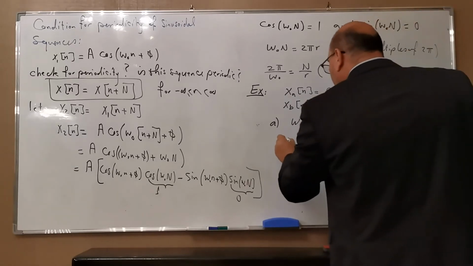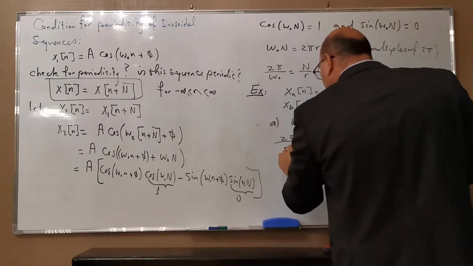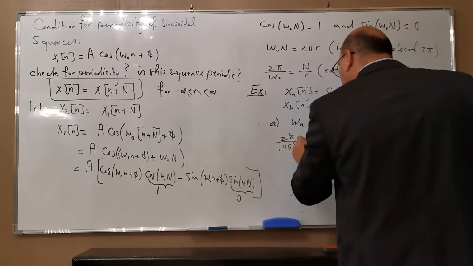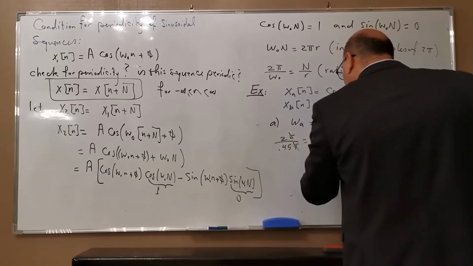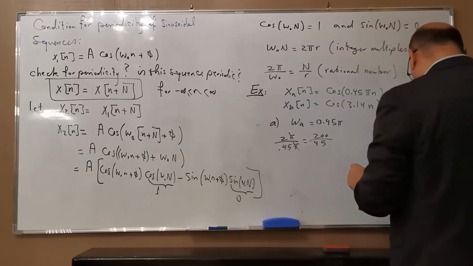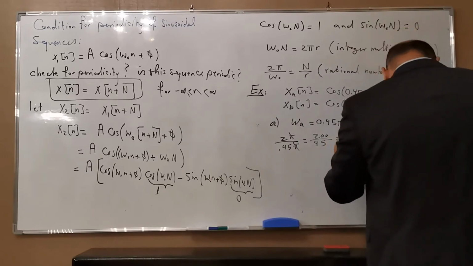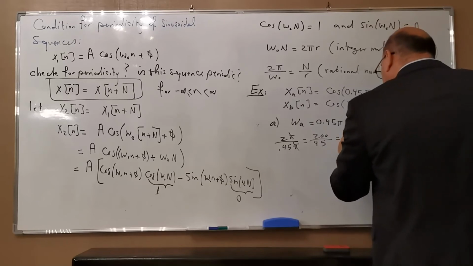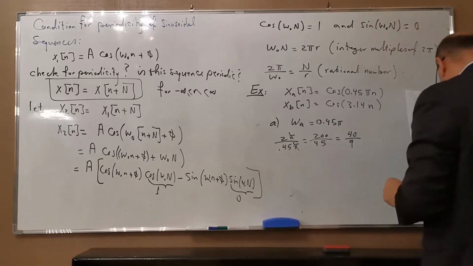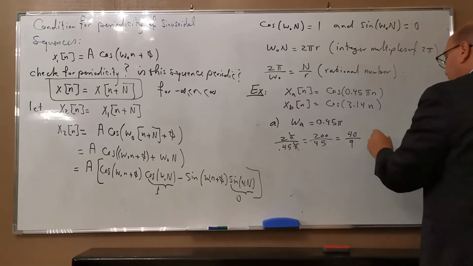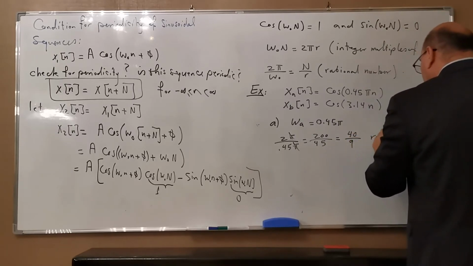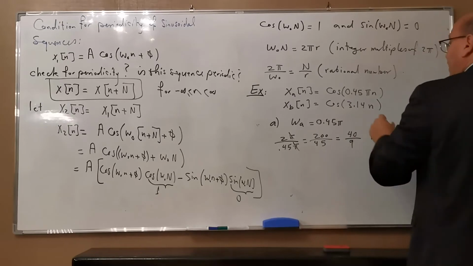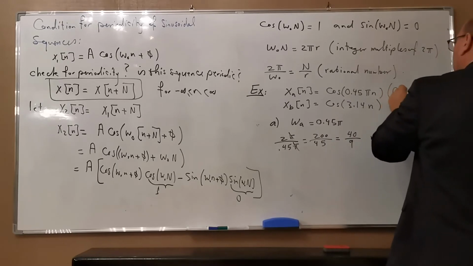So the ratio of 2 pi divided by 0.45 pi, we cancel pi with pi, so this is 200 over 45, which is equal to 40 over 9. So 40 over 9 is a rational number, and this one is periodic.